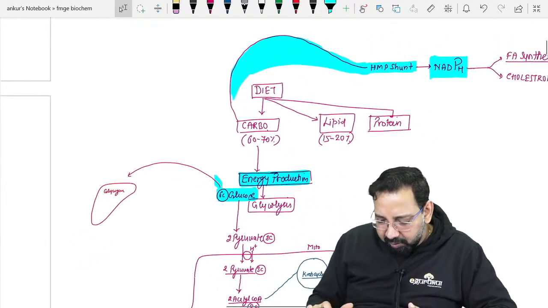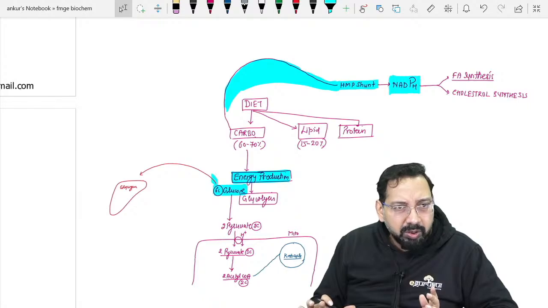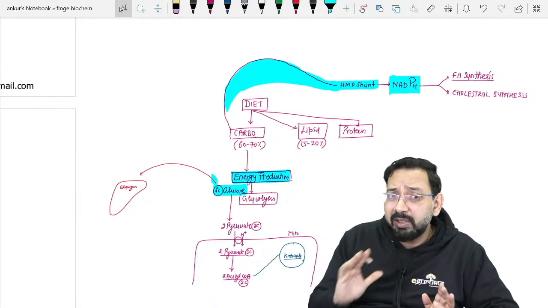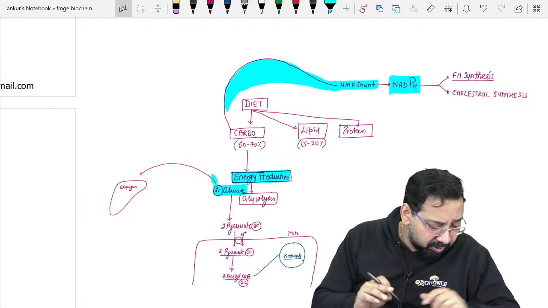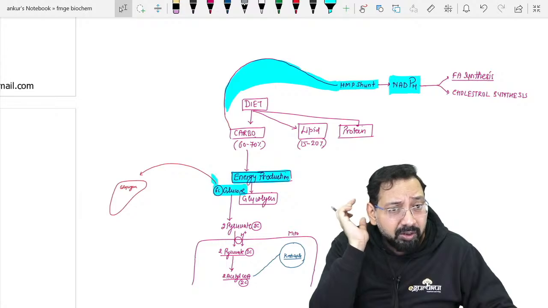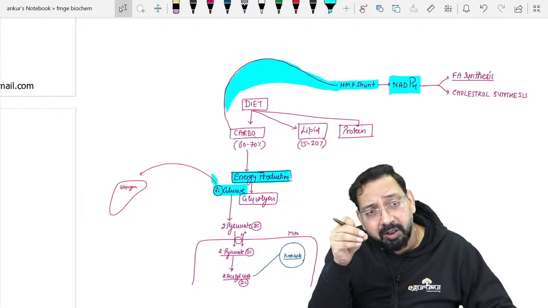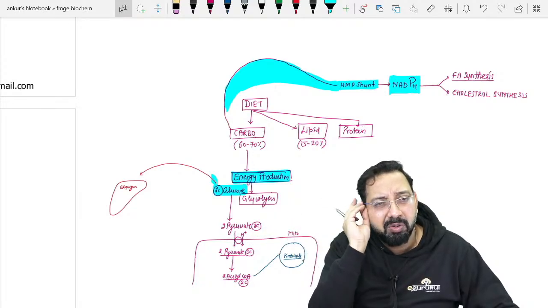But you know, nowadays cold storage is there, but previously there was no cold storage. If any disaster comes, suppose there is a flood, a patient may die of starvation, no food. So what did nature think?